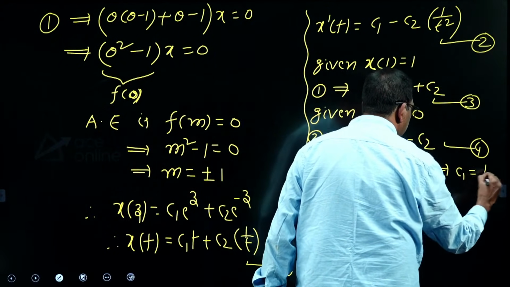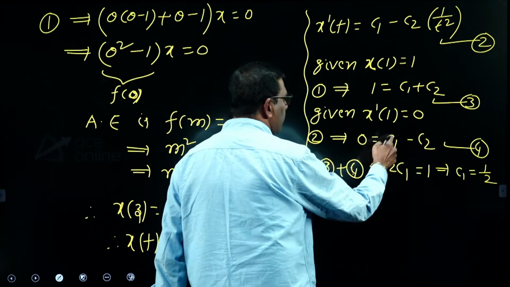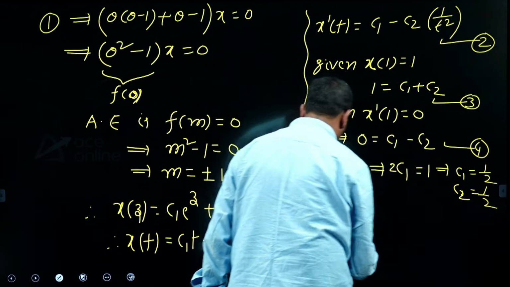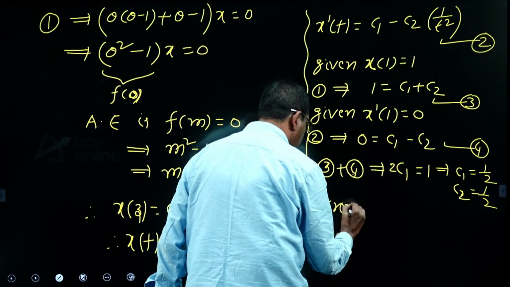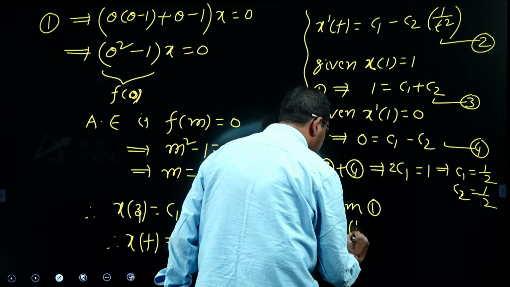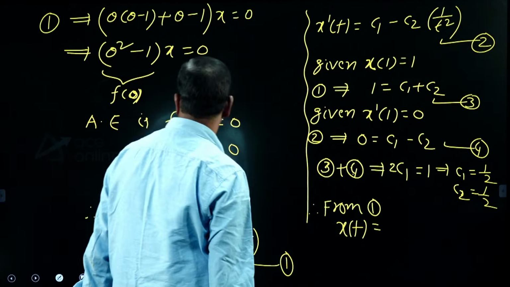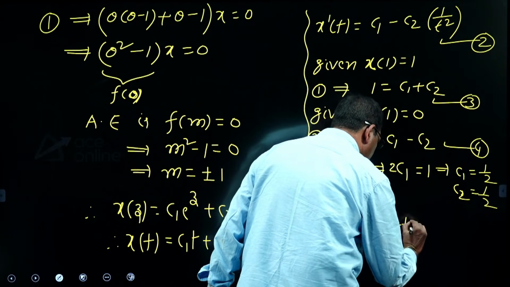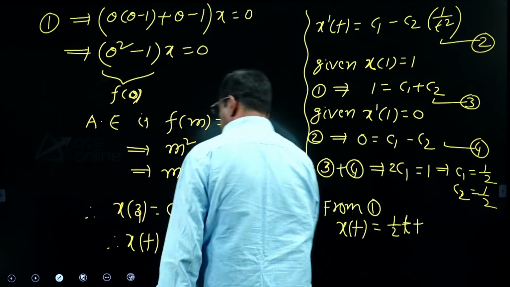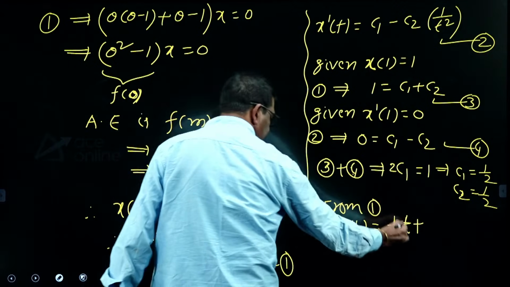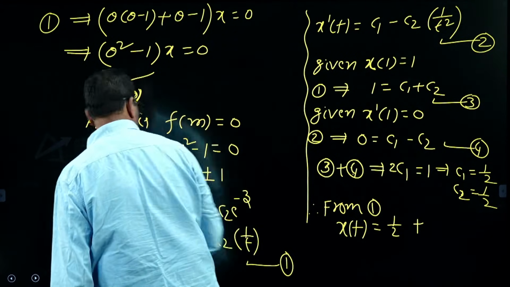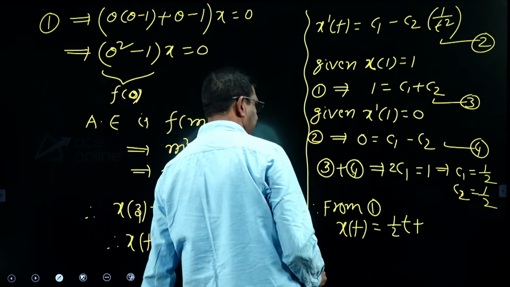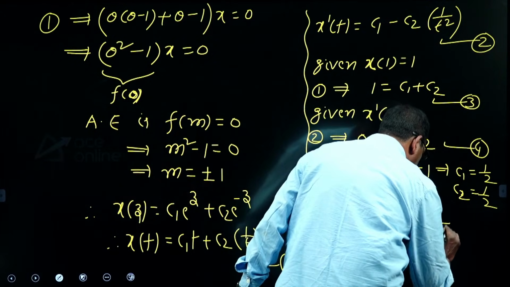That implies C1 is equal to 1 by 2. C1 is 1 by 2, means C1 minus C2 is equal to 0, means C2 is also 1 by 2. Therefore, from 1, what is the solution? x of t is equal to C1t, C1 is 1 by 2, so 1 by 2 t, plus C2, C2 is nothing but 1 by 2, into 1 by t.